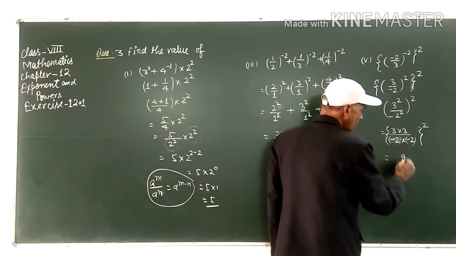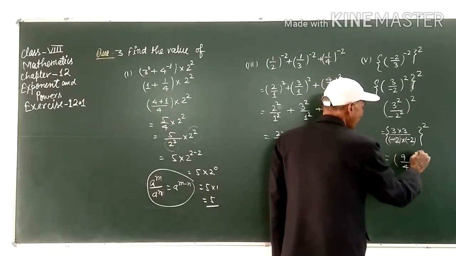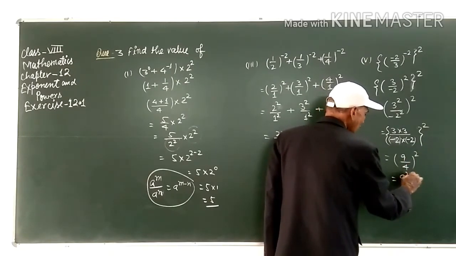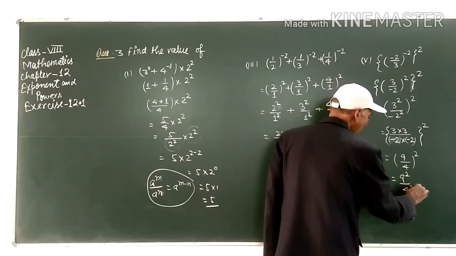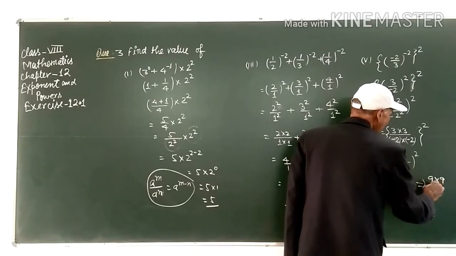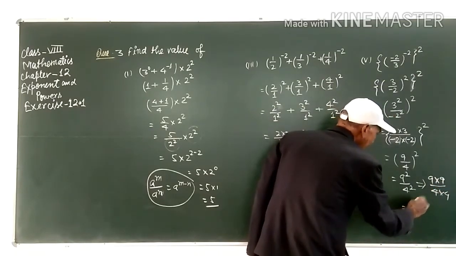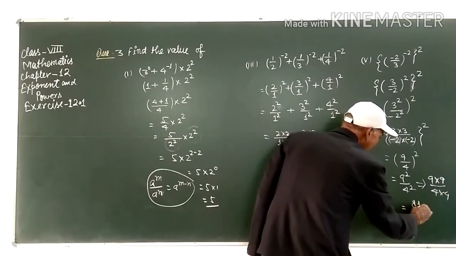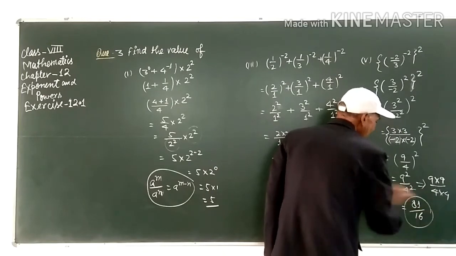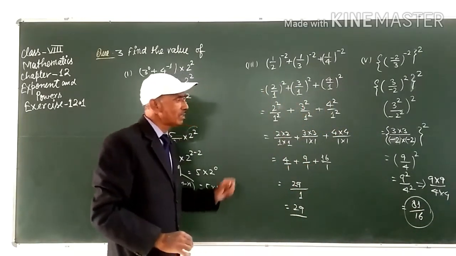So this one will be 2 2s are 4 whole power 2. Now this one will be 9 to the power 2 upon 4 to the power 2 and it will be 9 into 9 upon 4 into 4, and it will be students 9 9s are 81 and 4 4s are 16, 81/16. This is the answer of the fifth part of the question.